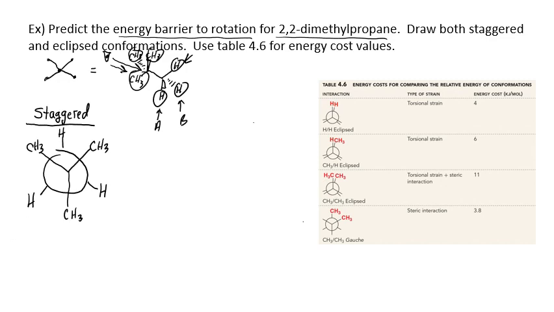All right, so now that we've got our staggered conformation drawn, let's draw the eclipsed. All we really have to do to get to an eclipse is rotate 60 degrees. I'm going to simply rotate the front carbon and hold the back carbon the same. So watch what I do here. I want to draw my Newman projection, keeping the back locked into place.